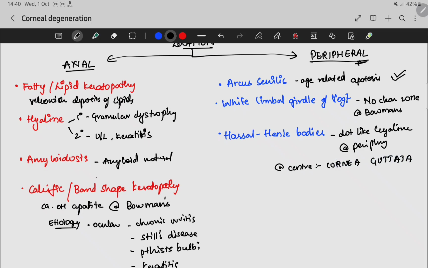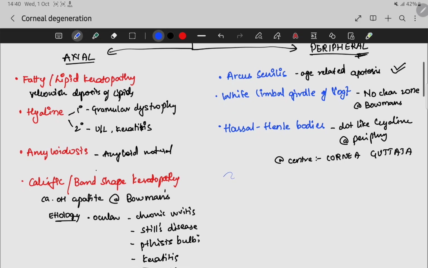Then we have spheroidal degeneration, which is also known as climatic droplet keratopathy. These are yellowish or golden deposits which are spherical in shape. These are seen in the periphery.